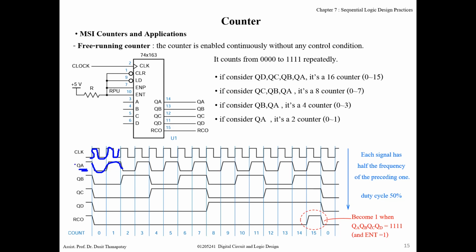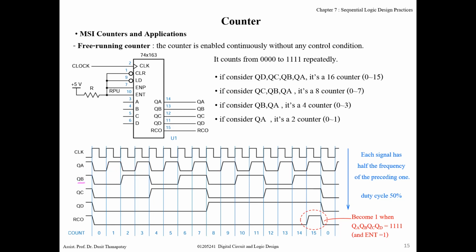So the frequency of QA is half of the clock, and 1 period of QB equals 2 periods of QA. So the frequency of QB is half of QA.